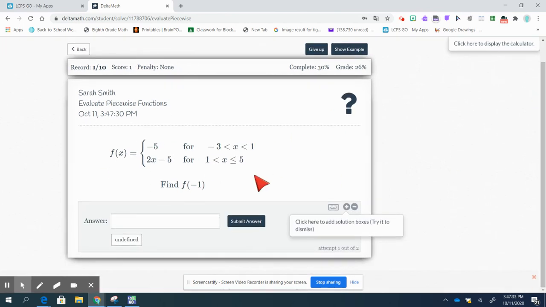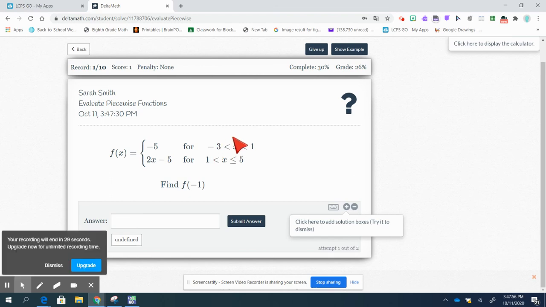Okay, this time we have find f of -1. So let's look here. Is -1 between -3 and 1? Or is -1 between 1 and 5? Okay, we know that it must be here, right? On a number line, you would have -3, -2, -1.